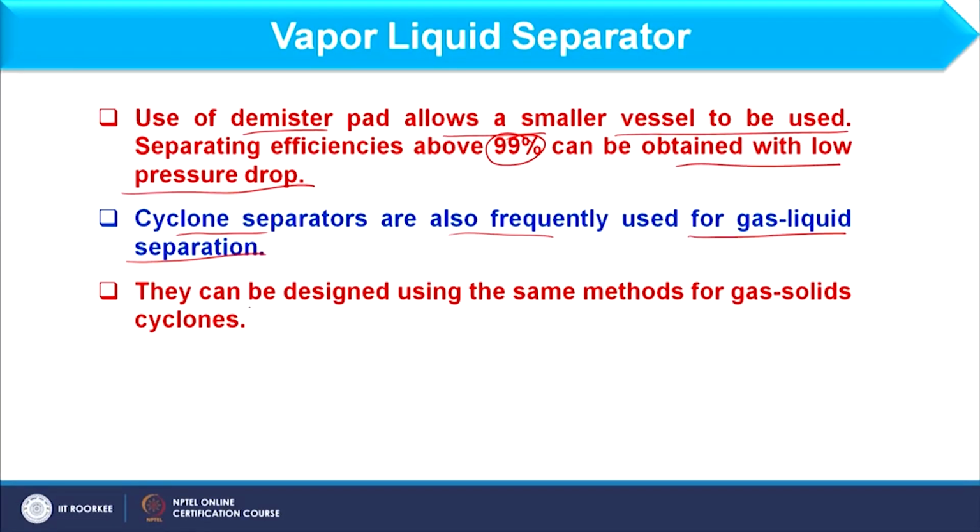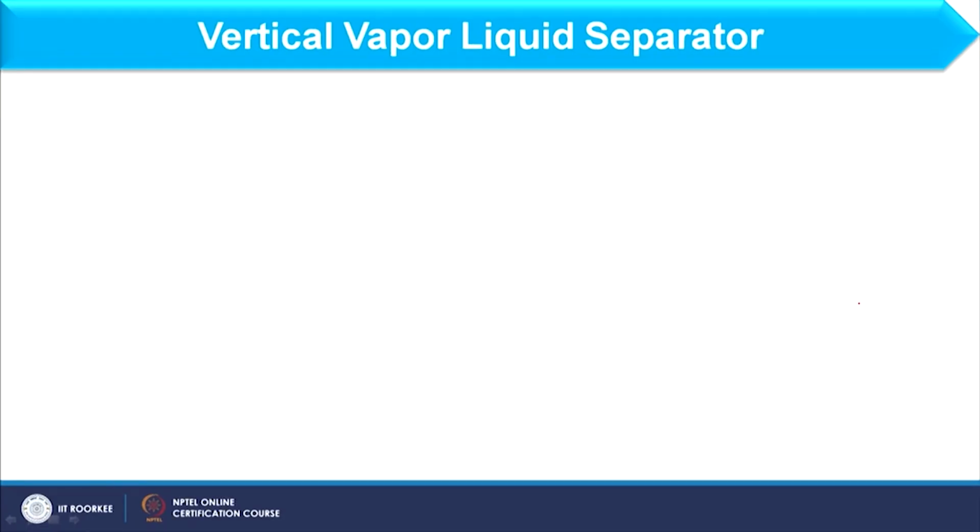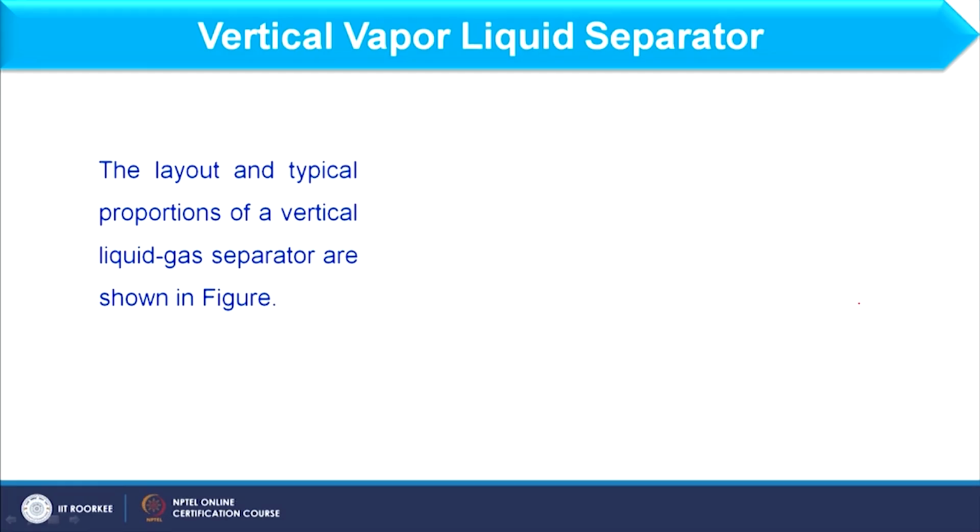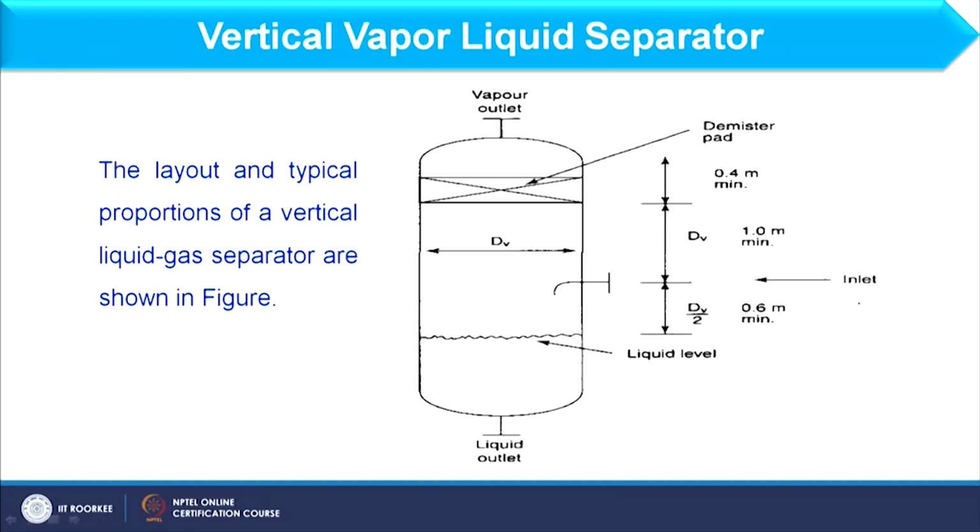As far as the vapor liquid separator is concerned, it can be designed along the same lines as we design gas solid cyclones. Here we have some of the dimensions related to the vertical vapor liquid separator, and this is the layout. We can have a liquid outlet and a vapor outlet, and the diameter of this column is dV. We can consider this as the feed inlet.